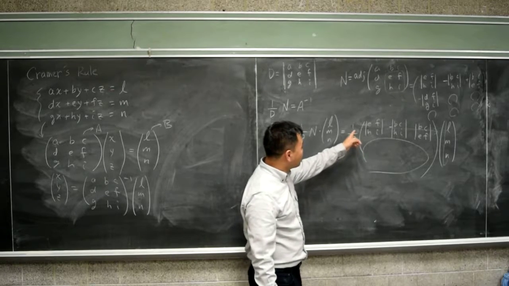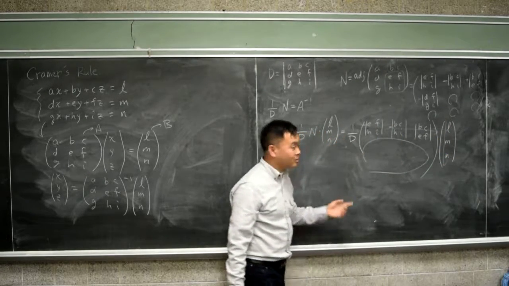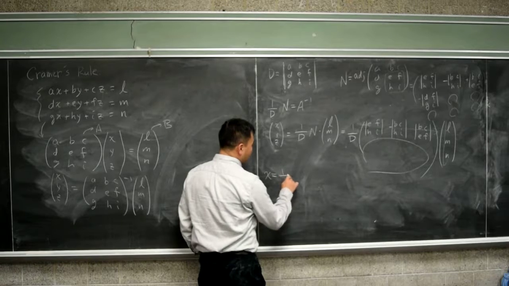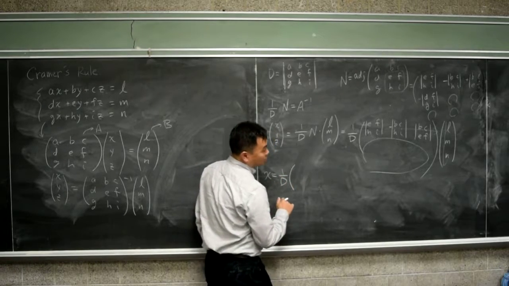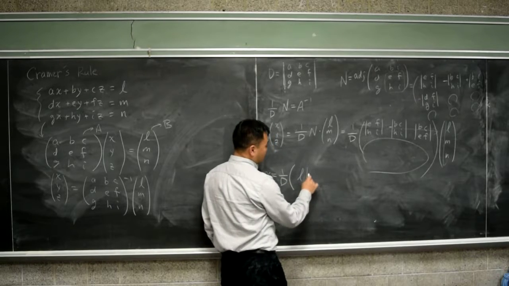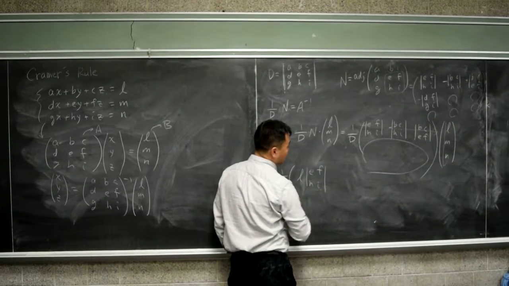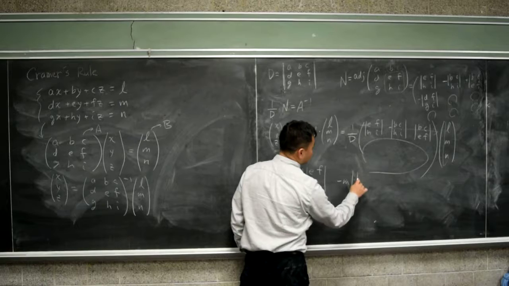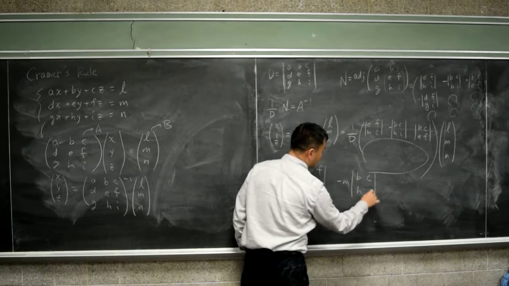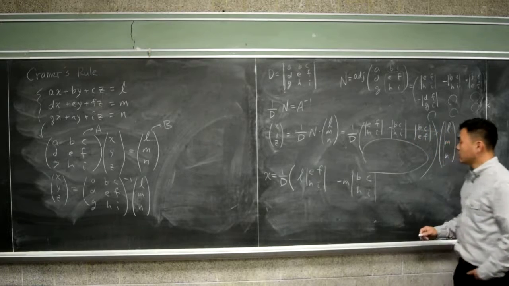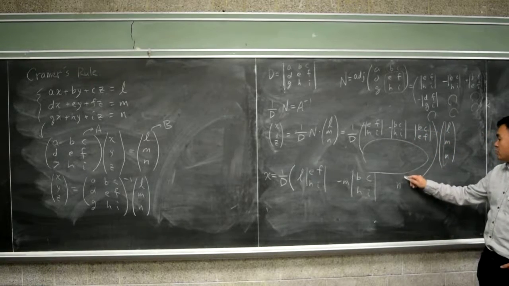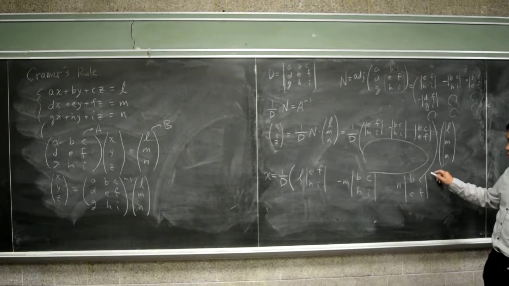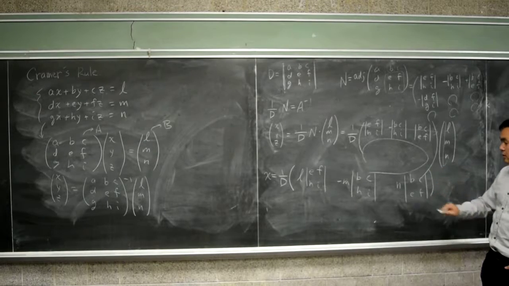Okay. So if I multiply these two, I get x after dividing by D. So let's write down x. It's 1 over D times what times what? L times E, F, H, I, and then minus M times B, C, H, I, and N times B, C, E, F. Plus.